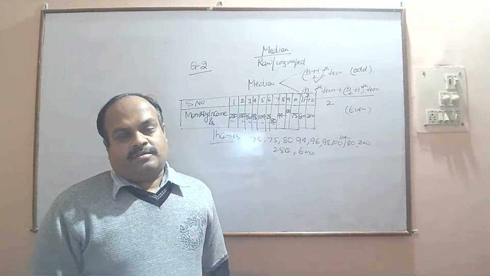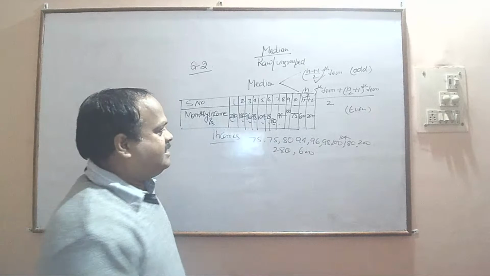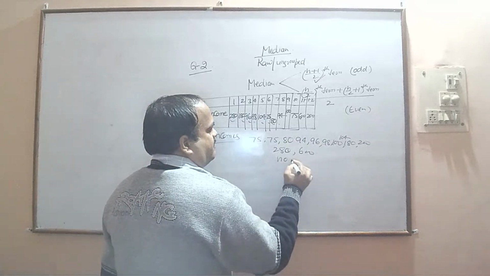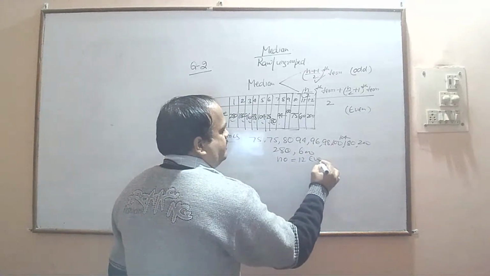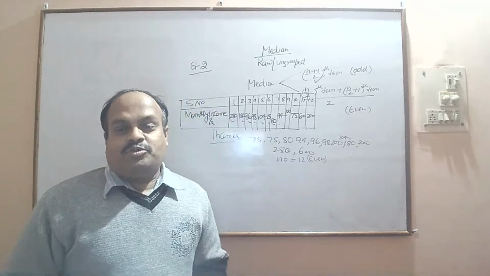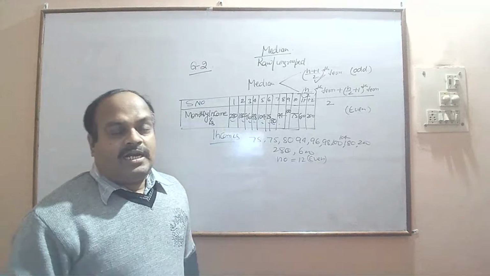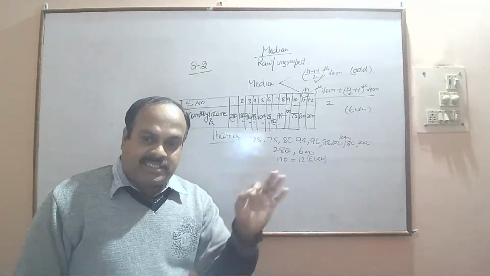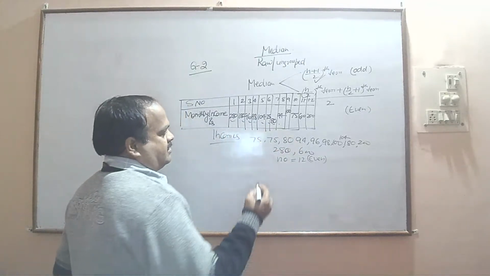Since n, the number of observations, is even, two middle terms will be there, at the 6th place and 7th place.